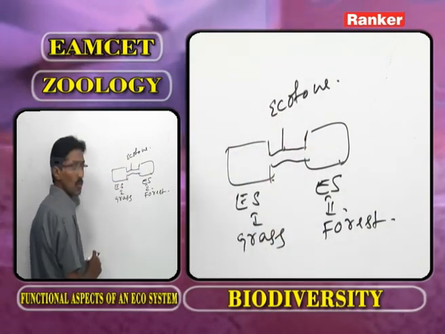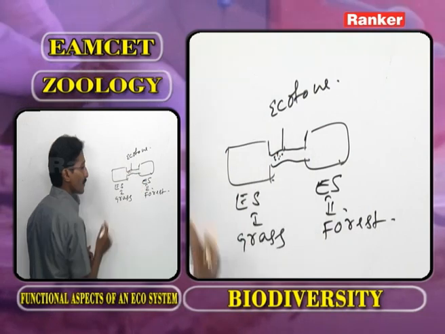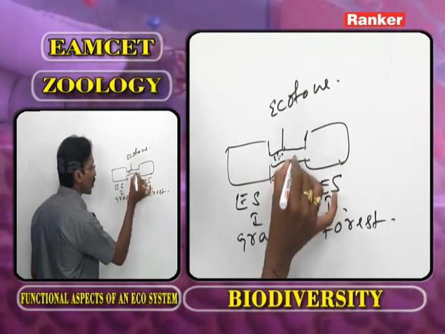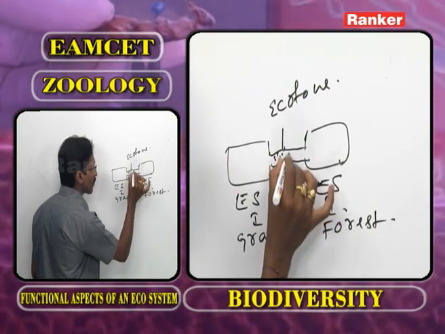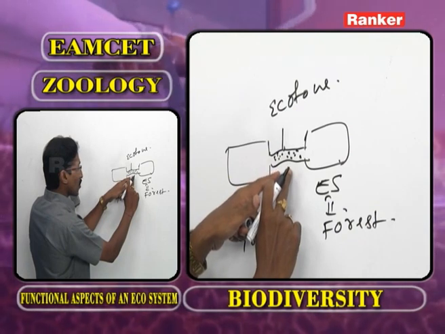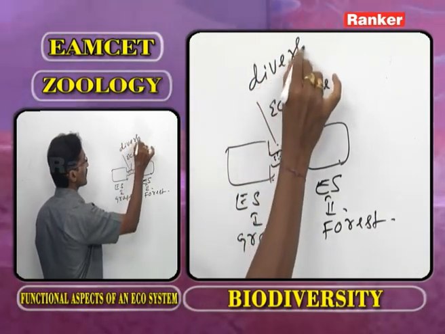Now in this ecotone, the ecosystem 1 species are present, as well as the species of ecosystem 2. Now in the ecotone, we have to observe the diversity.